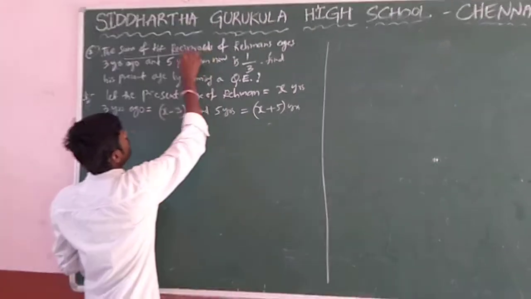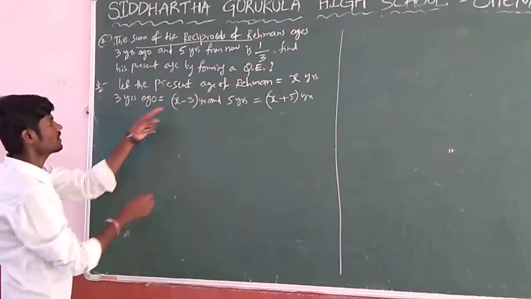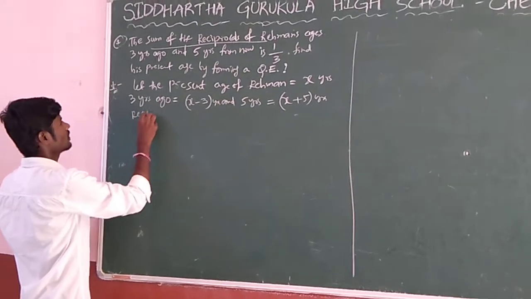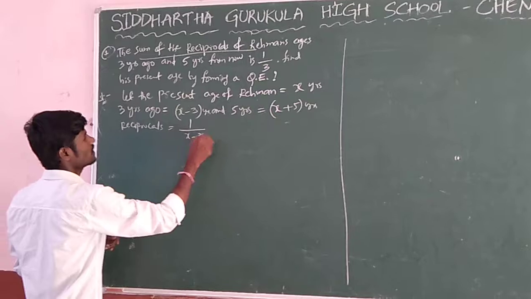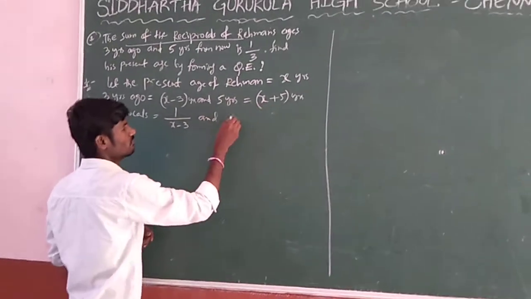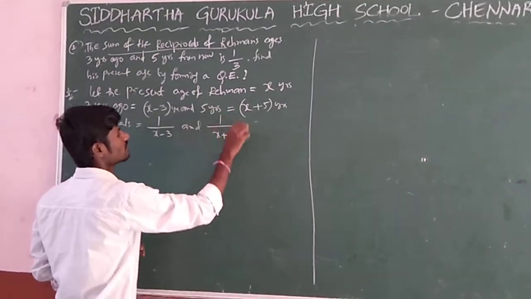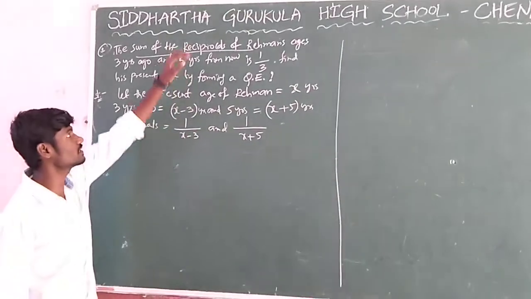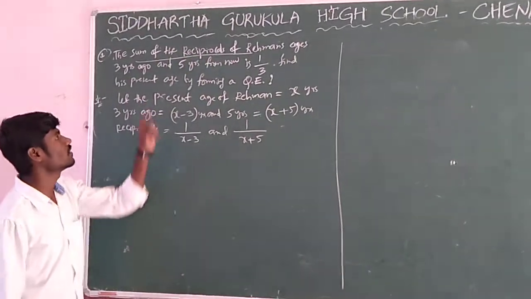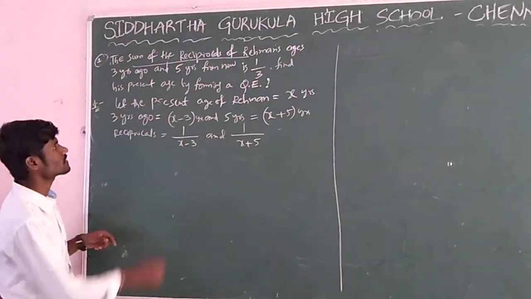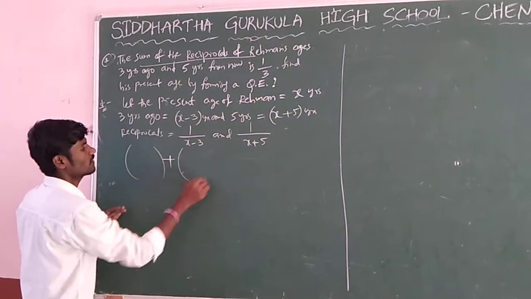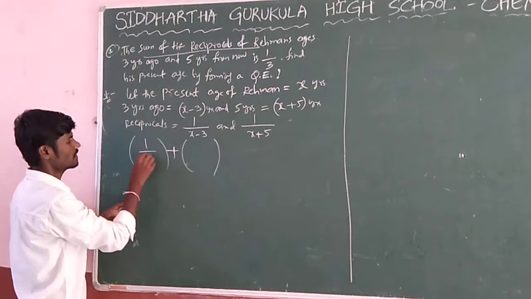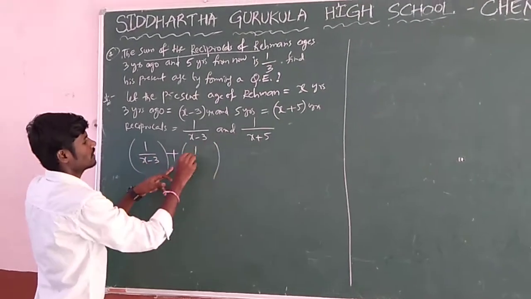Now come to the data. Sum of the reciprocals. Here you need to take the reciprocals: 1 by x minus 3 and 1 by x plus 5. Have you understood? Because they mentioned reciprocals. Sum means plus. So the sum of the reciprocals is 1 by x minus 3 plus 1 by x plus 5.